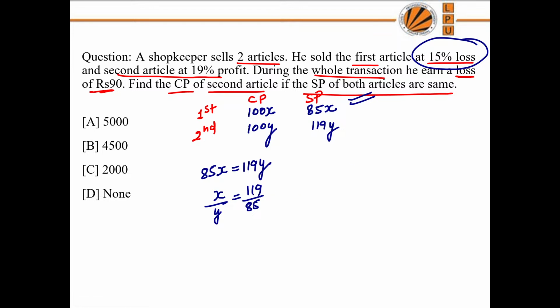So we can cut it using 19. 19 5 times, 19 7 times. Sorry, 17 5 is 85. From 17 we can cut it 5 times. 17, no, we can't cut it. Can we cancel it? Check it.